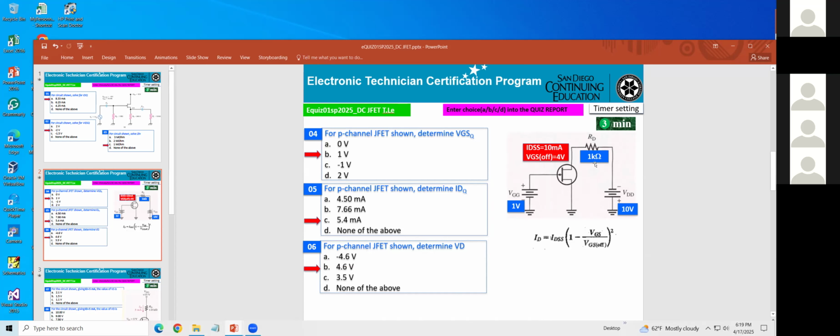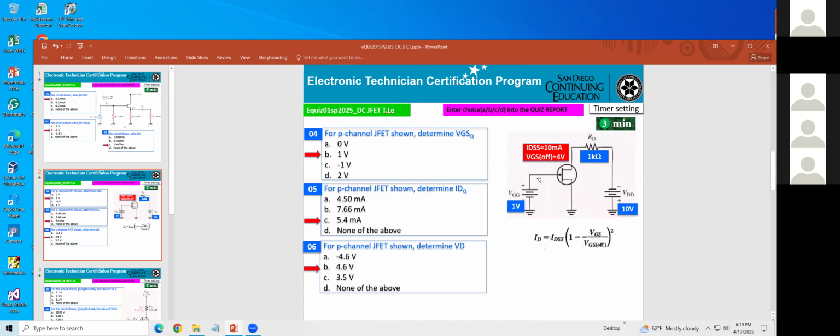You're looking into the circuitry here. VD will be the difference voltage between VDD and the voltage drop across 1K. Then when you calculate the VGSQ, VGS, you get the positive voltage, 1 volt.